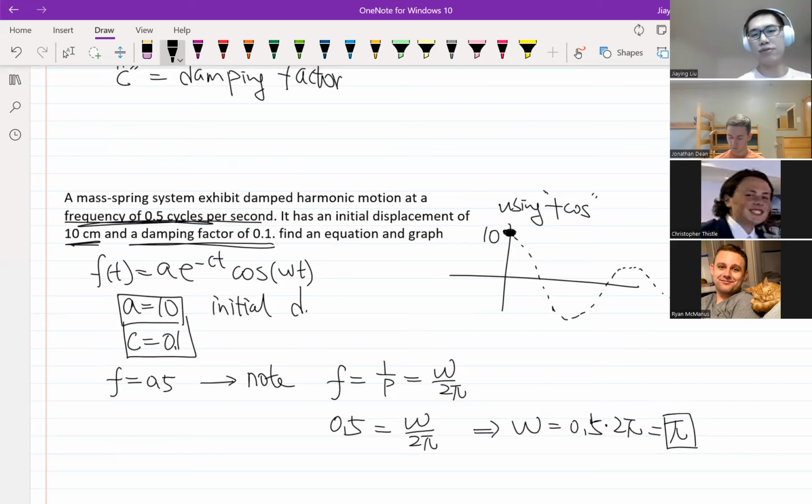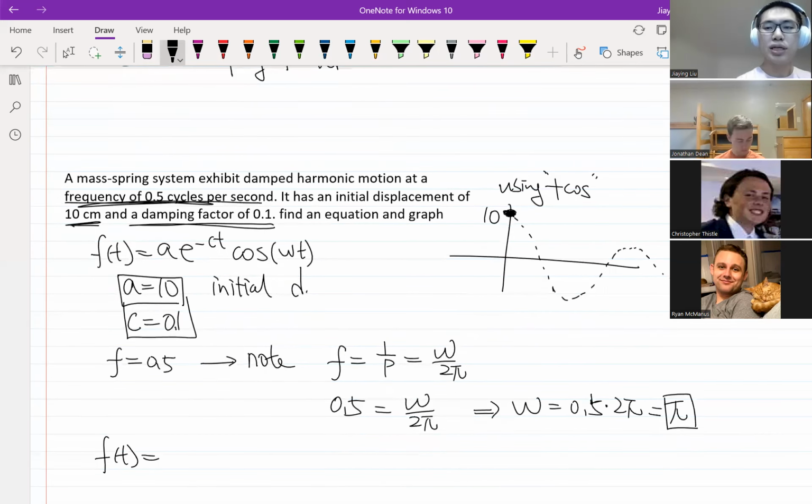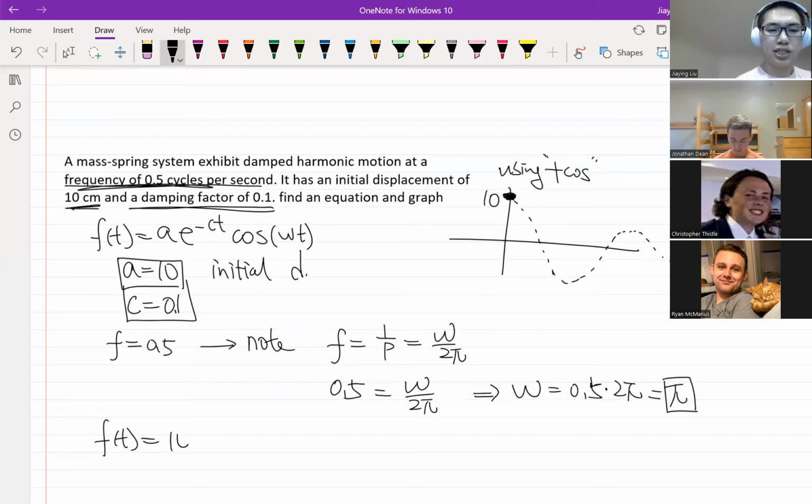So we have A, we have c, we have omega, then we can put them into the function. So you get f of t is equal to A, which is 10, and then e to the negative c, which is 0.1 t, cosine omega, which is pi, so pi t. Any questions on this?